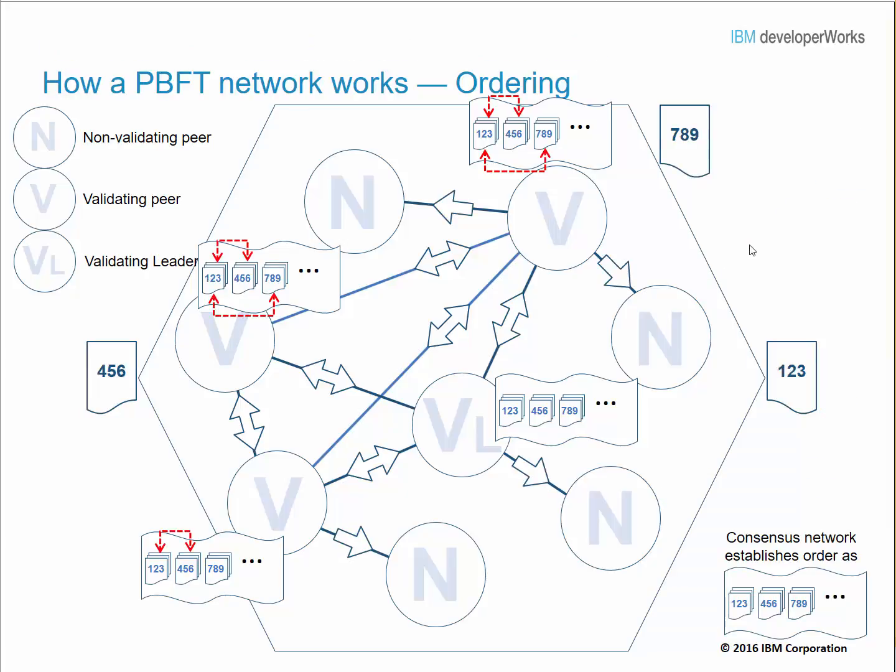So the next stage in PBFT is ordering. As we mentioned previously, the transaction sets can arrive at the validating nodes in different orders depending on where they were submitted from and when they were submitted. The very next stage after submission is actually ordering. And what happens here is that consensus is used. The consensus network is used to agree upon an established order.